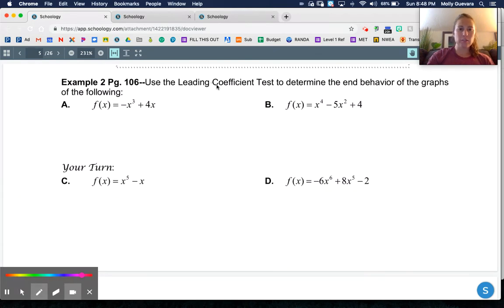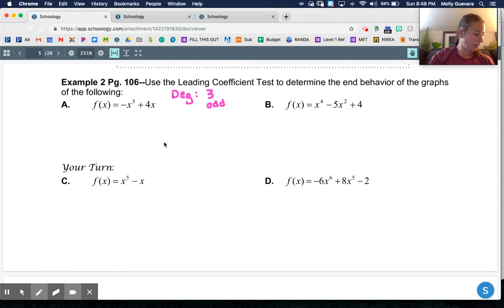It says use the leading coefficient test to determine the end behavior. Okay, so my highest degree here, so I'm gonna say my degree is 3, because it's the highest exponent, right? So it's odd. And the leading coefficient, and I'm gonna abbreviate it, is negative. It doesn't matter what the number is. All it matters is whether it's positive or negative.